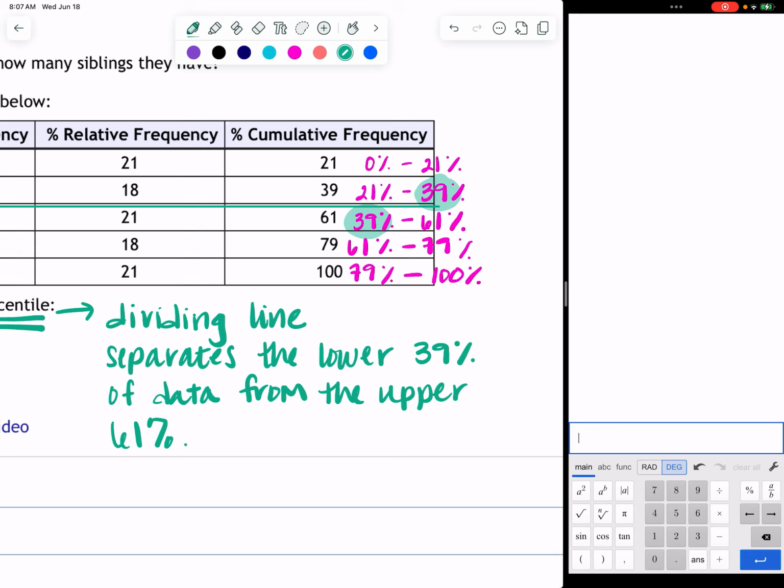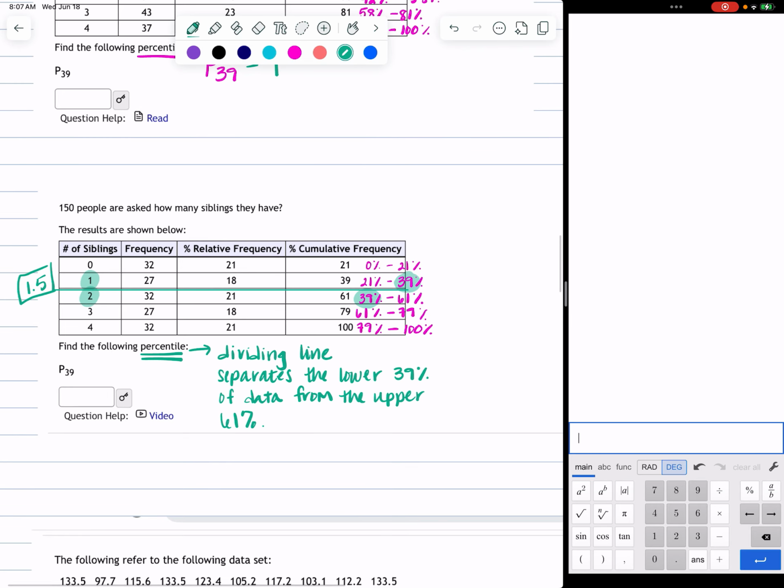So we're not talking about actual people. We're talking about a dividing line. We're talking about a yard line on the football field that separates the first 25 yards from the last 75 yards. So we're not talking about people. It's simply a spot to divide the data into two different pieces.